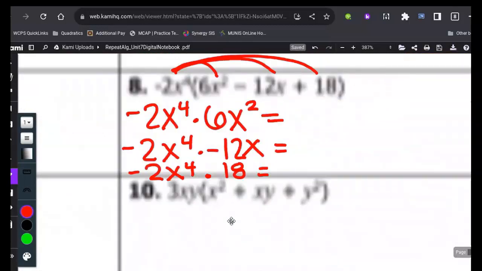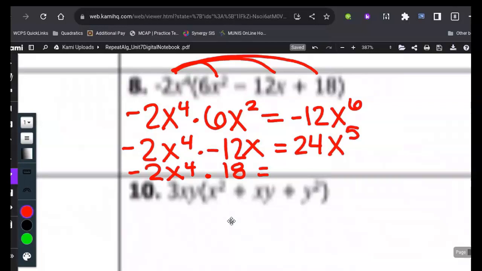So negative 2 times 6 is negative 12. X to the 6th power. 4 plus 2 is 6. Then I have negative 2 times negative 12, which is a positive 24. X to the 5th power, because I had 4 plus 1, which is 5.